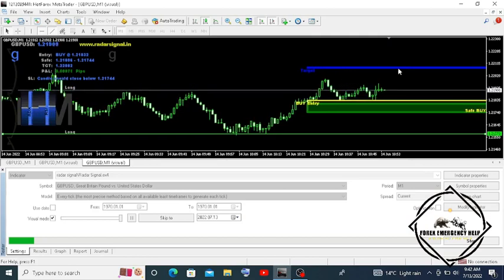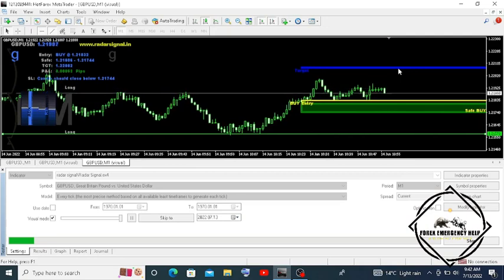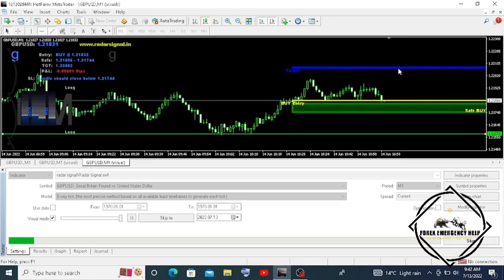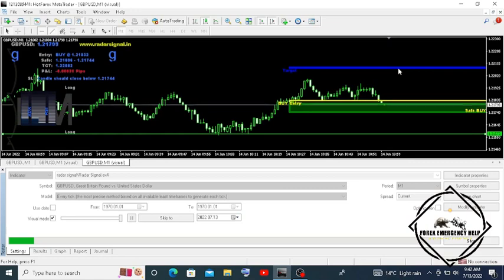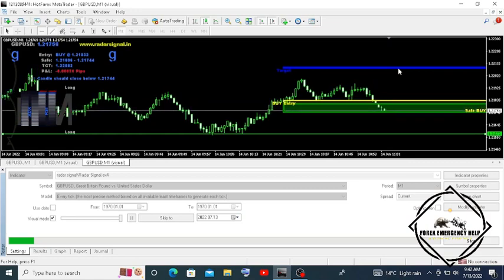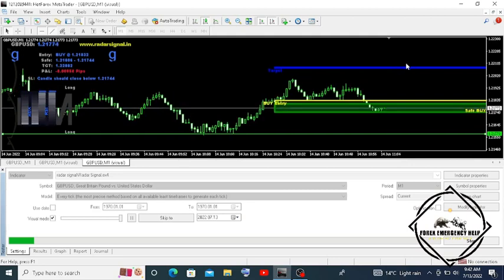Hence, if you get 10 pips, you close and you wait for another chance, you enter, you close, you wait for another chance, you enter, you close. That's how you scalp, and that's how you trade. Before you know it, these minor 5, 10, 15 pips will end up making huge profits when they are collected together.